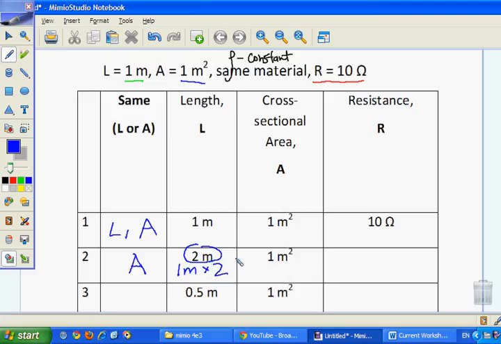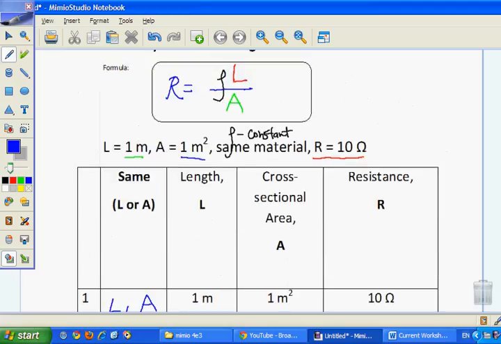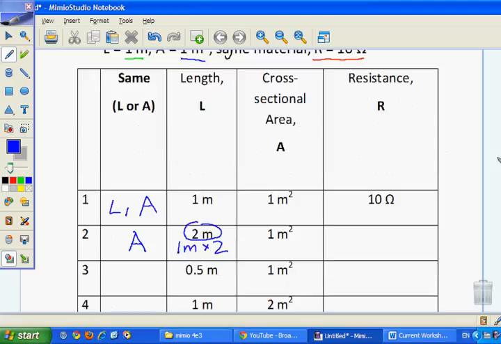So when length times 2, because resistance is directly proportional to L, as you can see from the relationship above, my 10 ohm original resistance will have to be multiplied by 2. Therefore, my answer is 20 ohm.